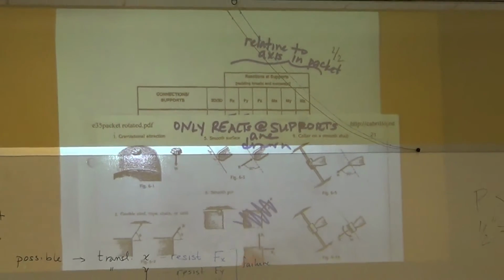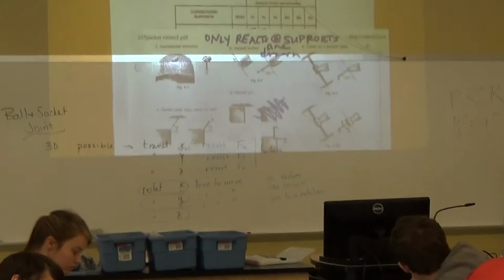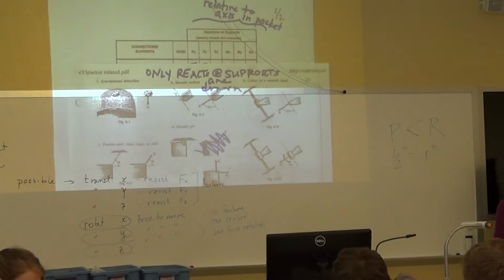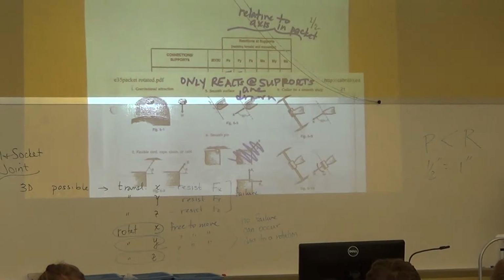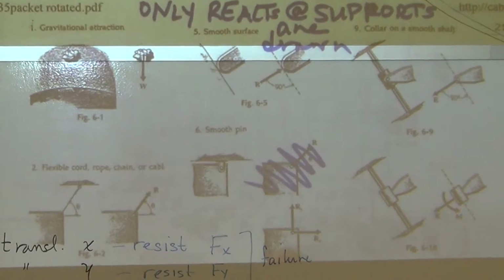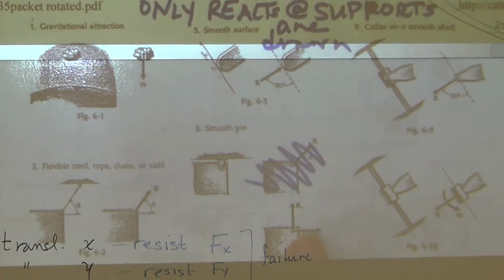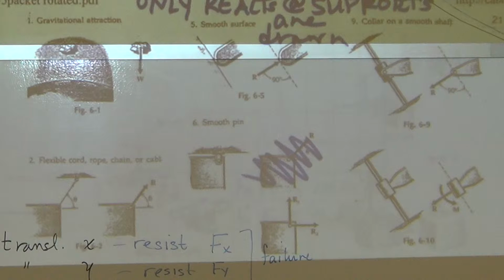Because if it can only take 10 pounds, I'm not going to subject it to 100 pounds, because then I'm going to break that connection, right? And if I can calculate what the reactions are at the supports due to all the external loads on it, I could choose a heavy-duty pin that won't break.